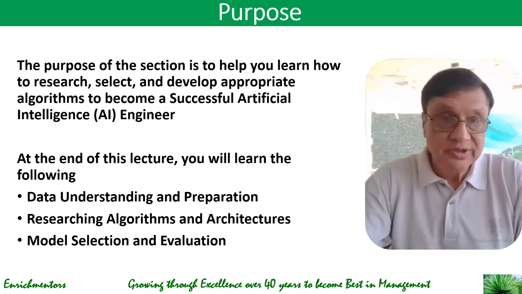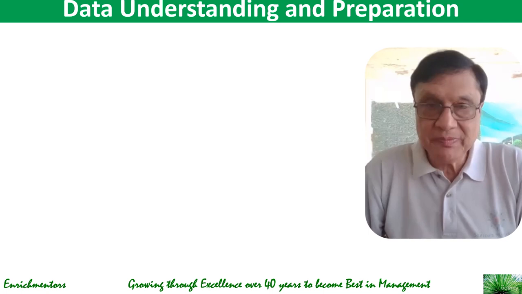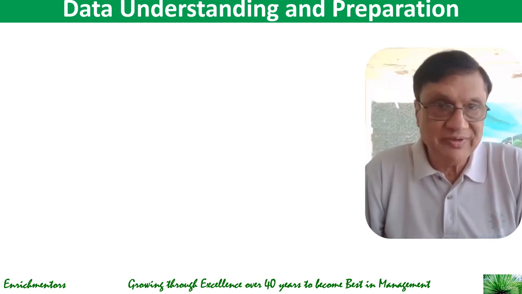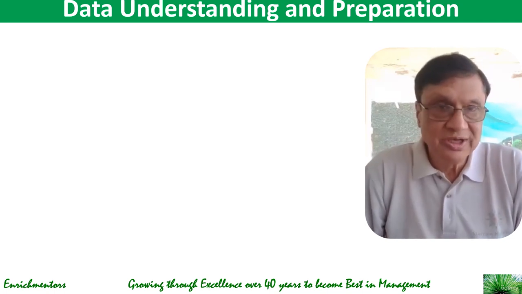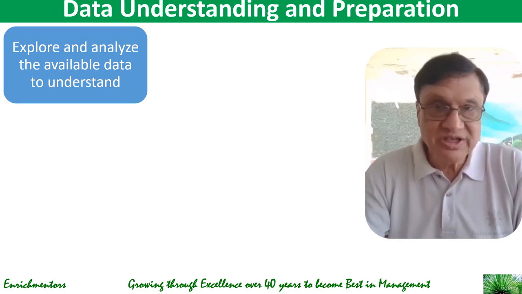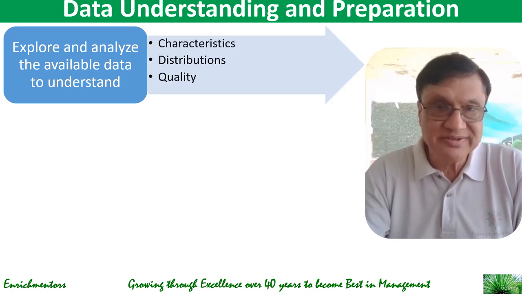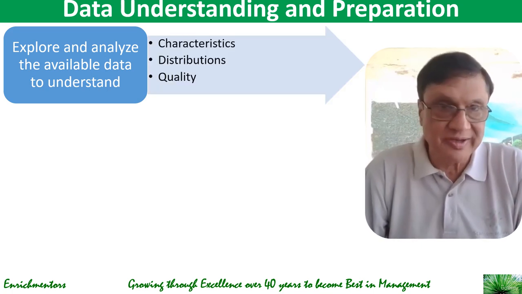Right. So let's quickly summarize data understanding and preparation that you need to do after having understood the problem, defined the problem, and understood the various types of outputs you need. You will need to explore and analyze the available data because that will determine your model. Basically, what you need to understand there is its characteristics, its distribution of the data, and the quality of data.